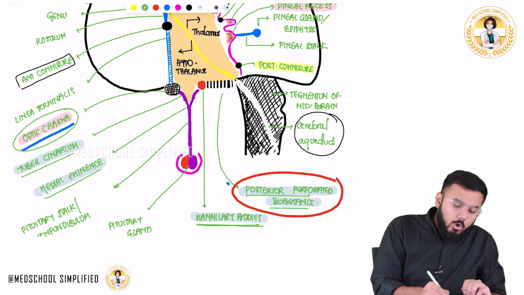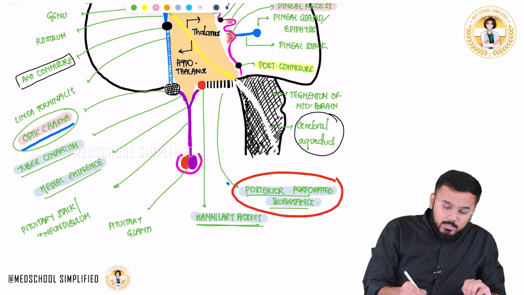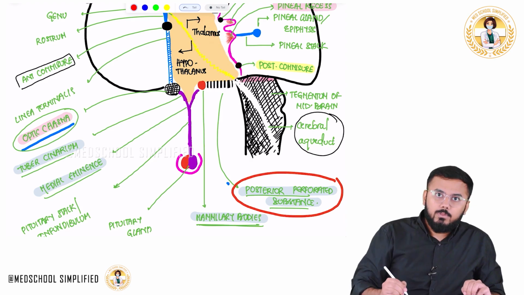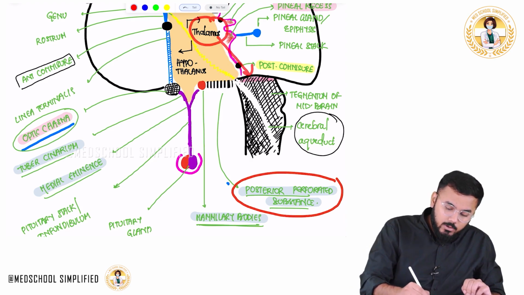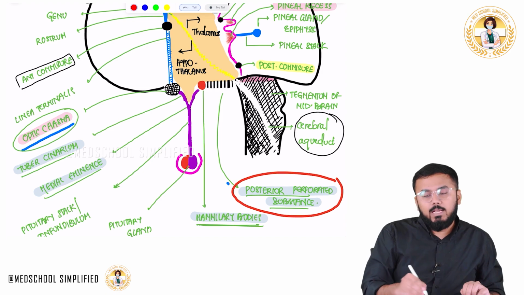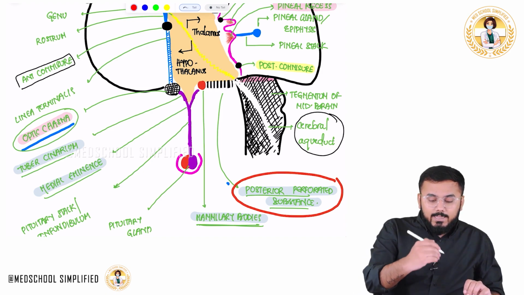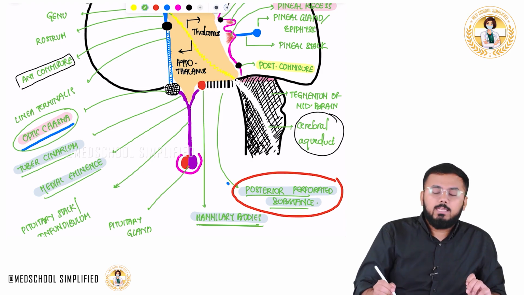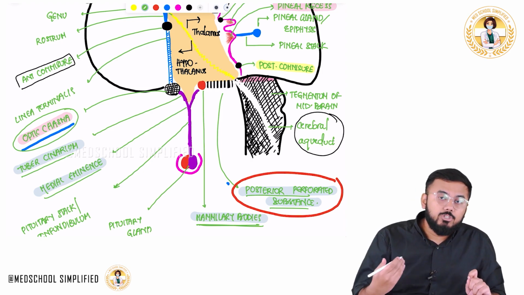Now, when you look at the top of the tegmentum of midbrain, this portion is present right below your thalamus. Yes or no? Just below the thalamus, you have got this pink shaded area, right? Anything below the thalamus, can I call it subthalamic? So this is called the subthalamic tegmental region of your midbrain.